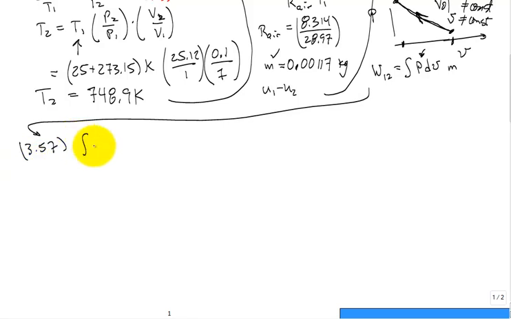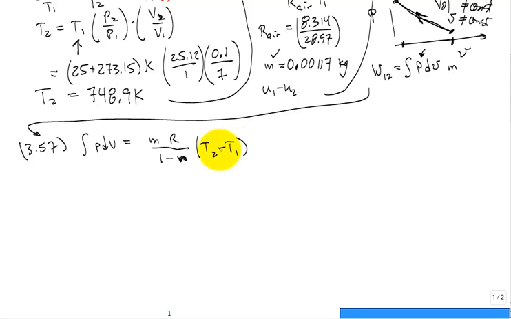So the integral P dV is equal to, the way they've written it, the mass, R for the gas, then they have 1 minus n for that exponent in the polytropic process, and then they have the T2 minus T1.